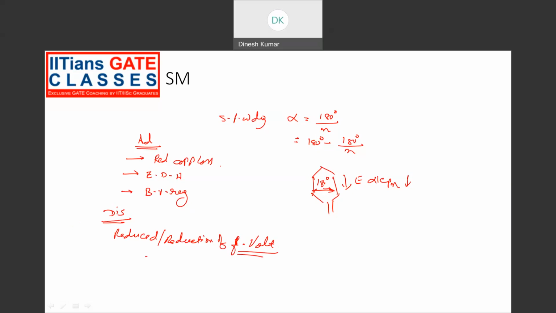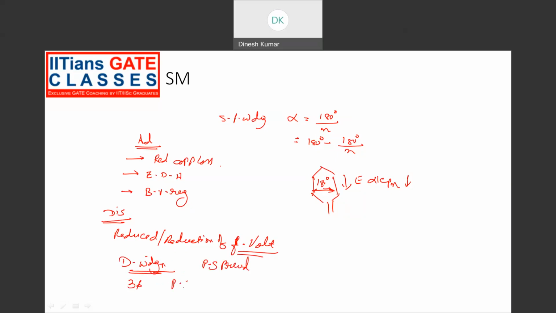There is one more winding called distributed winding. For a three-phase machine, there is one more term called phase spread.